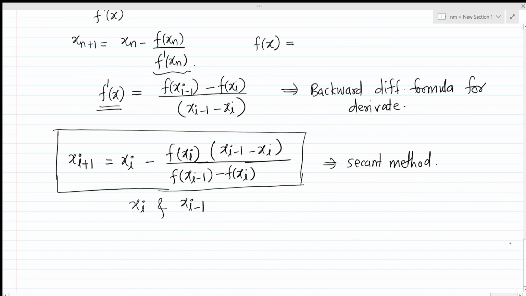If the two initial guesses are not given, then calculate them by using any one of the methods, such as the false position method or bisection method. Use the false position method for a better initial guess. So, some illustration of the secant method.